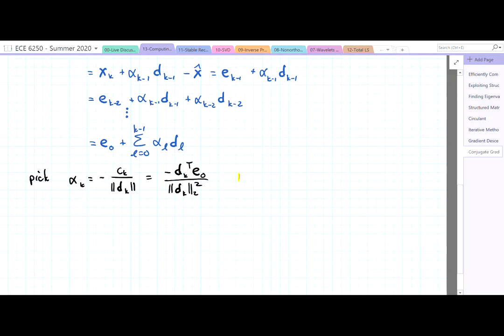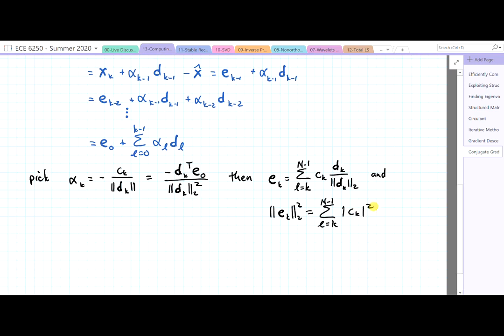So if we do this, then we have ek is equal to the sum from l equals k, so it's grabbing all the remaining terms that we haven't yet peeled off, of cl times dl over norm dl, and the norm of ek squared will be equal to, likewise, that same sum, but now just times cl magnitude squared.